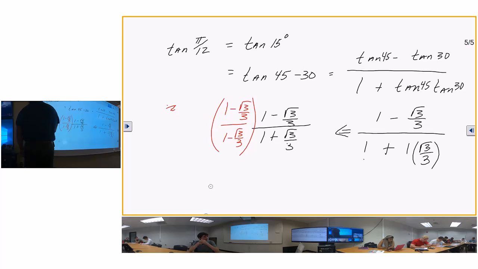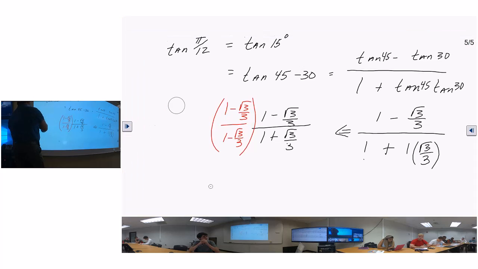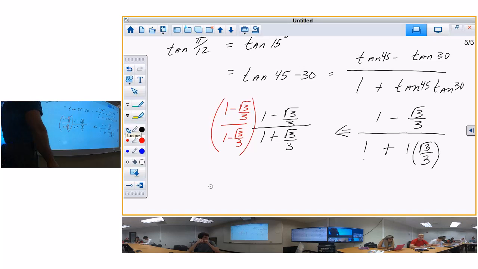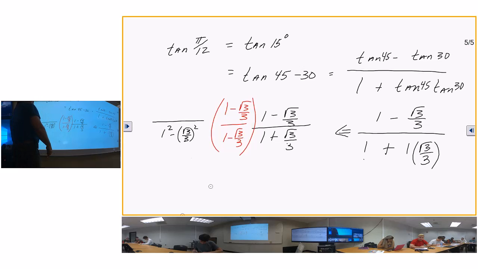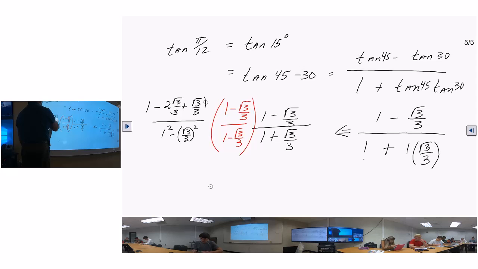And when you do that, you're going to get shortcut number 3 on the bottom, which is equal to 1 squared minus the square root of 3 over 3 squared. And on the top, you're going to get shortcut number 2, which is 1 minus 2 square root of 3 over 3 plus square root of 3 over 3 quantity squared.